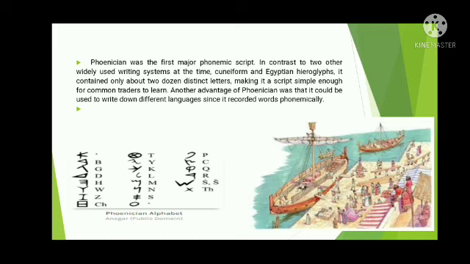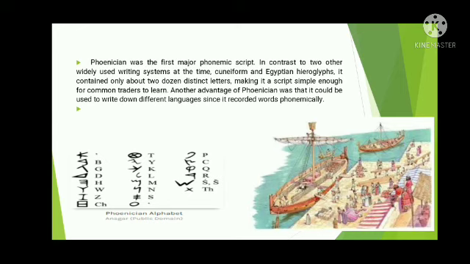Phoenician was the first major phonemic script, in contrast to two other widely used writing systems at the time, cuneiform and Egyptian hieroglyphics. It contained only about 24 distinct letters, making it a script simple enough for common traders to learn.